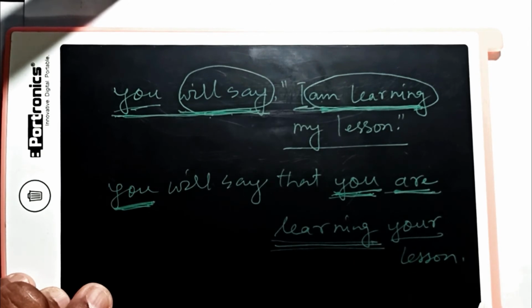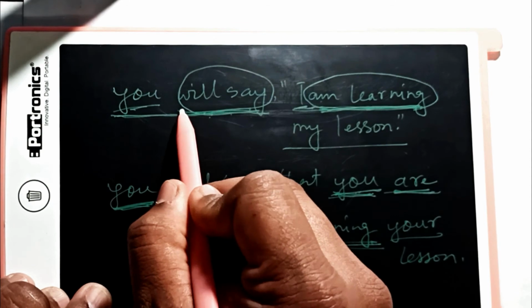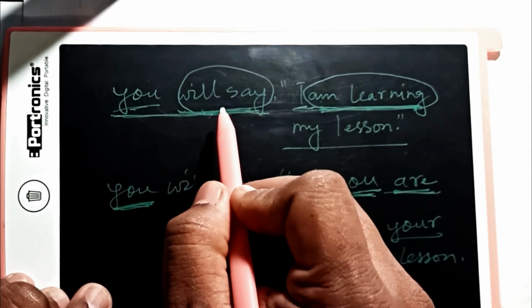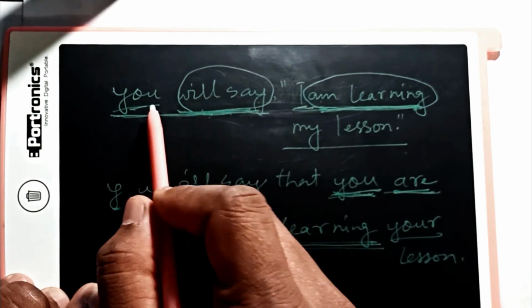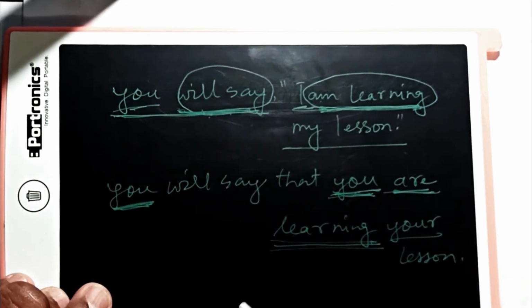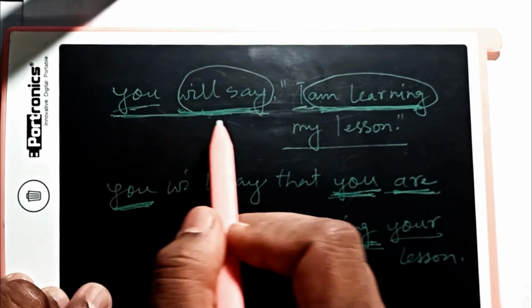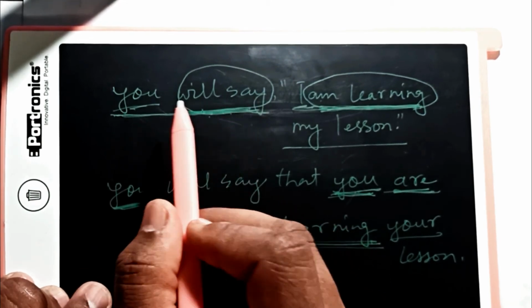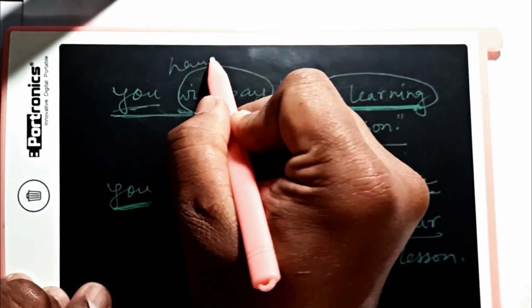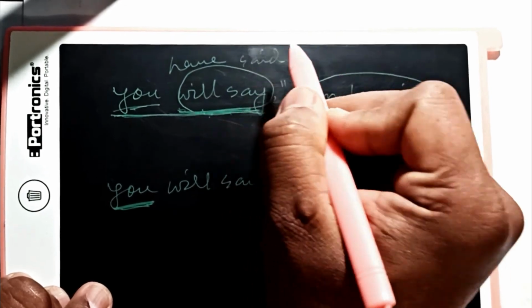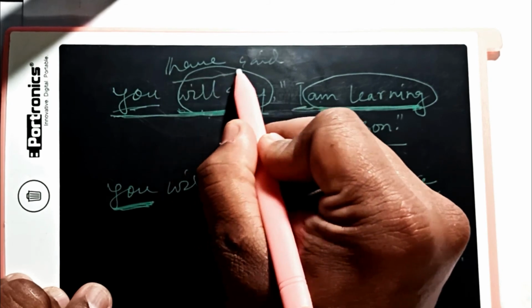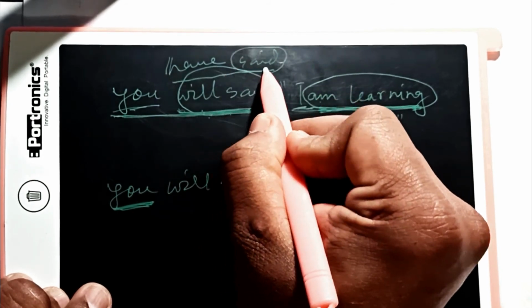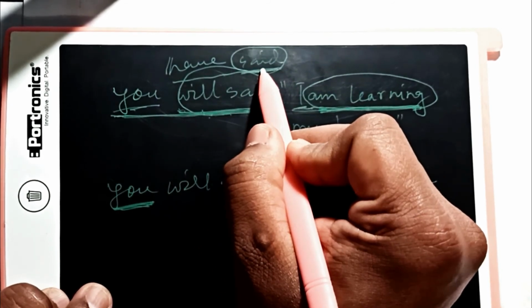I think you can understand how to work out with the reporting verb when it is future or present tense. Here it is simple future. You may have different tense, like you will be saying, which is future continuous. You may have present tense. You may consider present perfect tense, like suppose you have said instead of will say. Okay, so "have said" means you have seen past tense form of verb here, doesn't mean it is past tense.